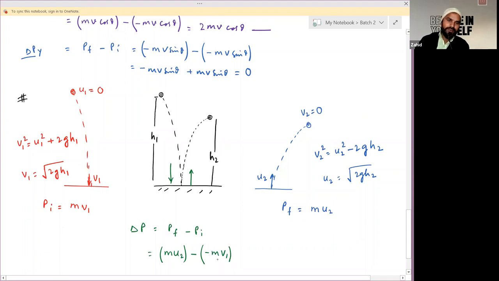So minus and minus will become plus. If we take out m as common, you're left with root of 2gh2 plus root of 2gh1 as the change in linear momentum during this entire process.